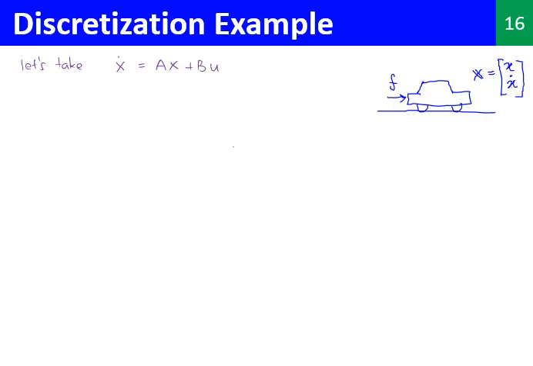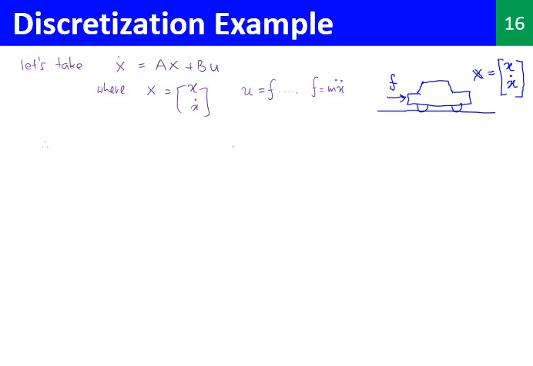Okay, this X is equal to x and x dot, and the control input I told you is equal to f, and the equation I have is f equals m x double dot. So I can use this state vector in the linear system.